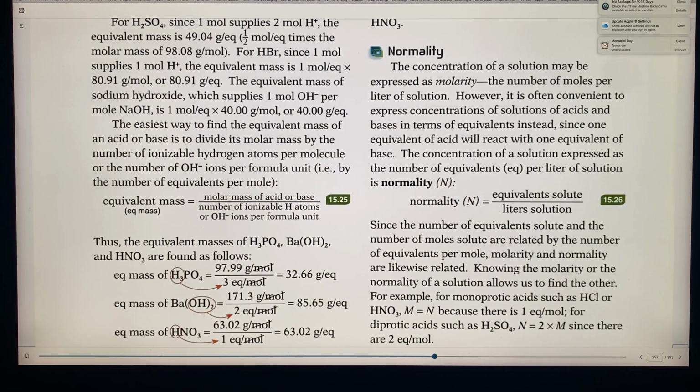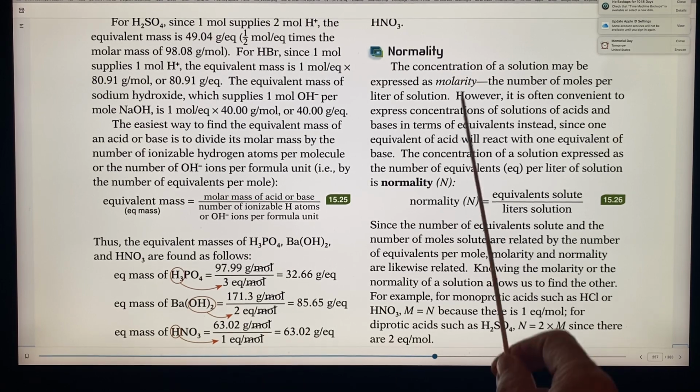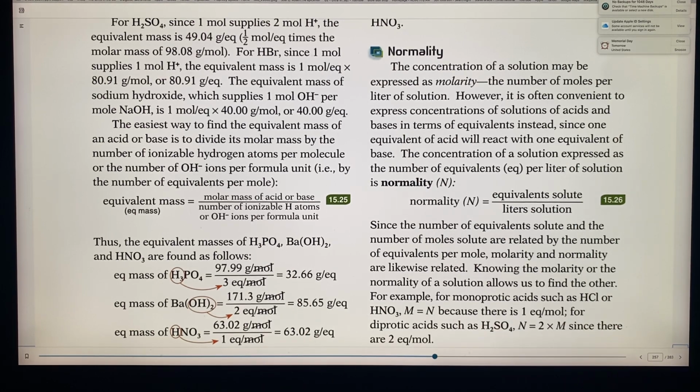Okay, normalcy or normality. Normality, I used to pronounce it wrong. Normality is how you pronounce it. The concentration of a solution may be expressed in molarity, the number of moles per liter. The difference between this and the equation that we just did is that this is in grams and this is in volume, which is liters.